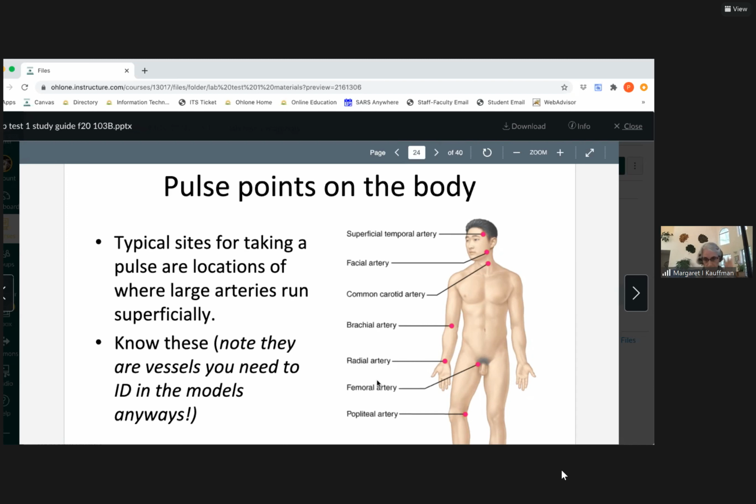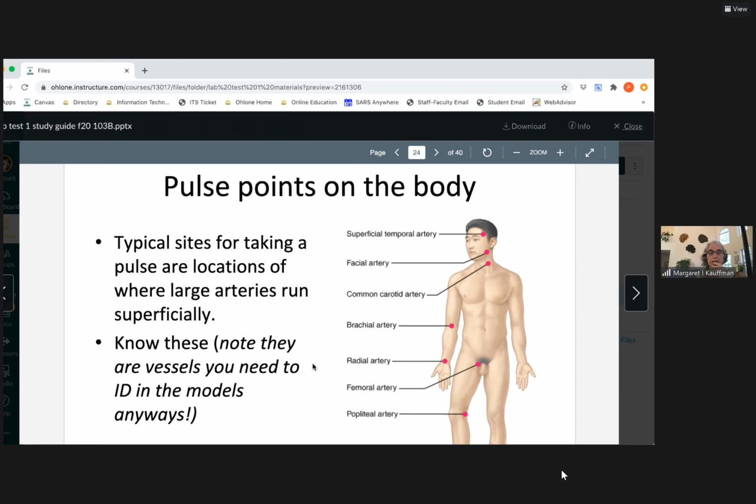So don't skip those, even though you're not able in person to do the activities. Make sure you read them because some of them have things about how you use a sphygmomanometer, how you use a stethoscope, that I do want you to understand, even though you don't get a chance to use it.